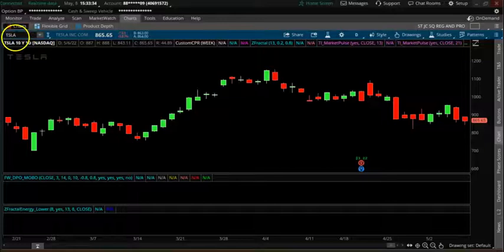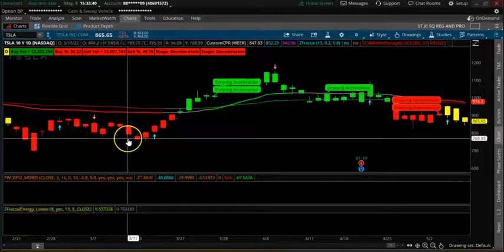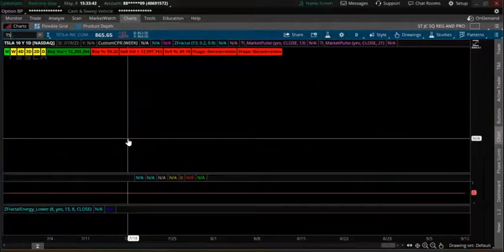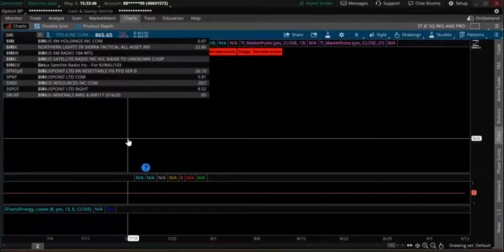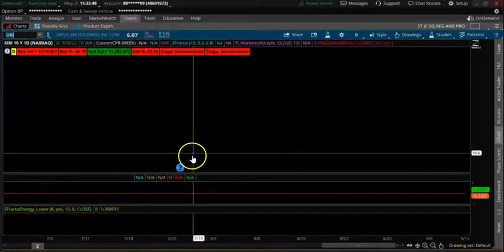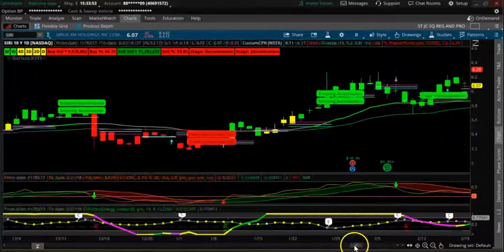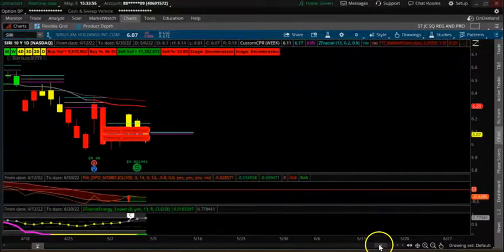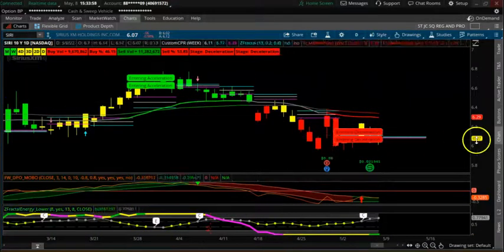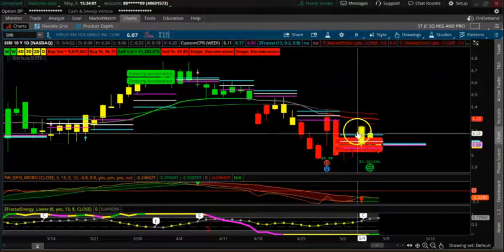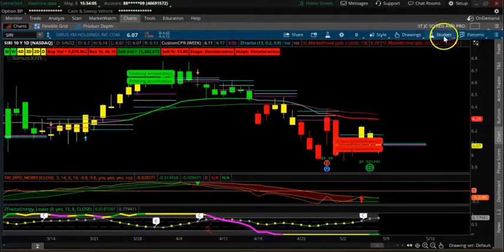Okay, let's look at Siri. Okay, you see the 3 CPRs which are getting down. The trend is down, CPR is down, so you want to look for stocks.